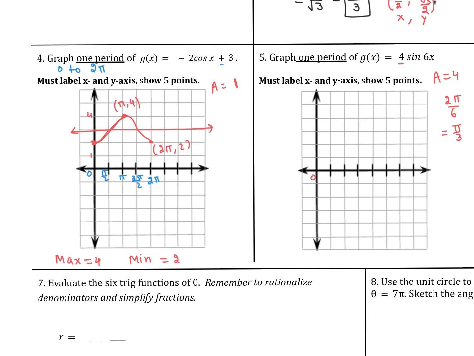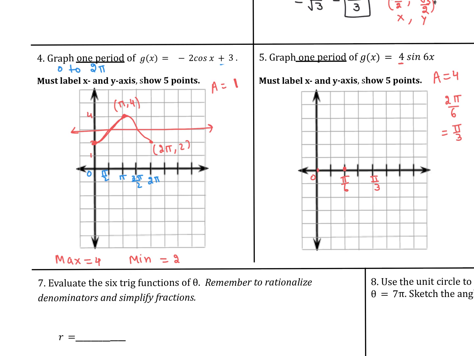So in between is 1, 2, 3, and that's the end. It is pi over 3. The middle one, from 0 to pi over 3, the midpoint is pi over 6. That's the middle point. Height of the graph is 4.